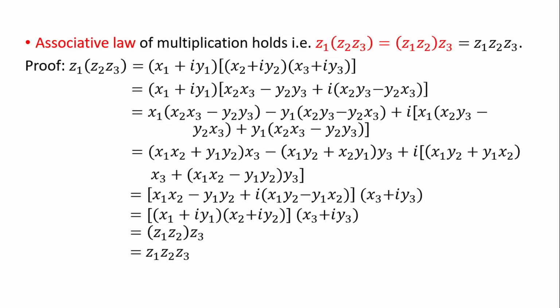After putting these values, let us solve the product Z2 into Z3, that is X2 plus iY2 into X3 plus iY3, and we know it is simply X2 X3 minus Y2 Y3 plus i in bracket X2 Y3 plus Y2 X3. Now simply rearrange the terms.